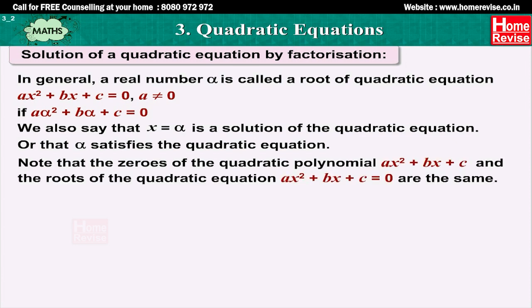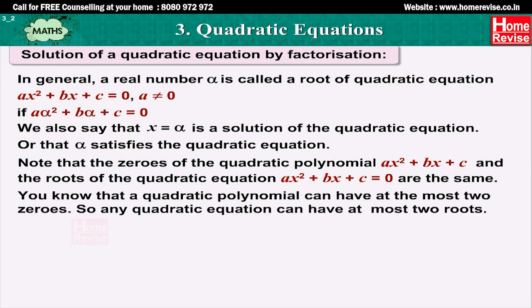Note that the zeros of the quadratic polynomial ax squared plus bx plus c and the roots of the quadratic equation ax squared plus bx plus c is equal to 0 are the same. You know that a quadratic polynomial can have at the most 2 zeros.